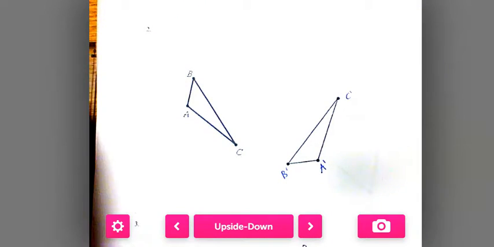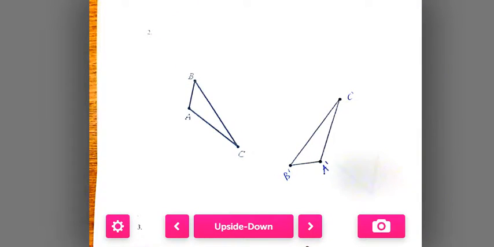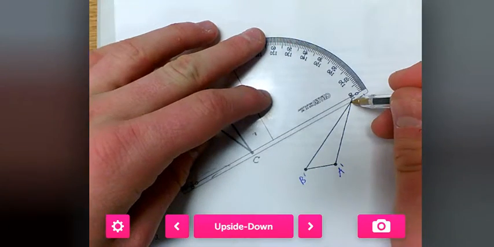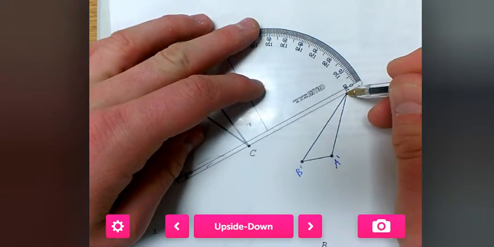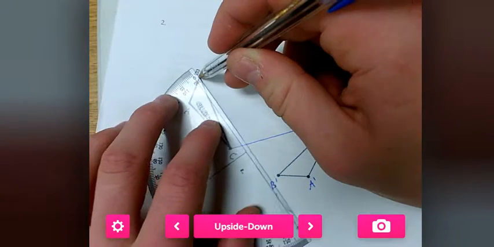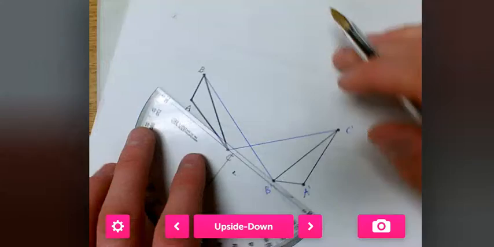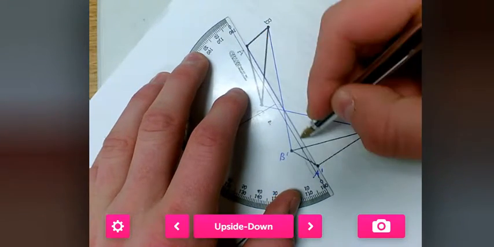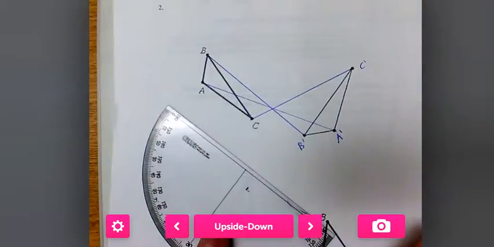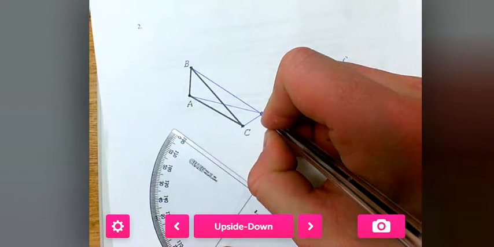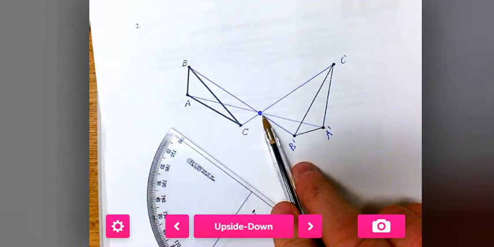To find this point of rotation, you're going to connect C to C prime, like that, B to B prime, like that, and A to A prime. And you see they all go through this point right there. So that right there is the center.